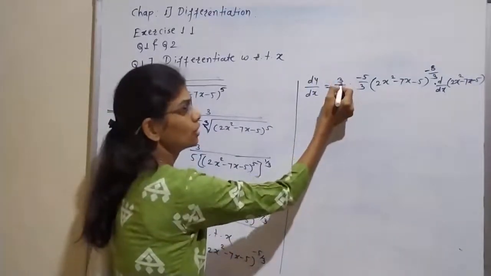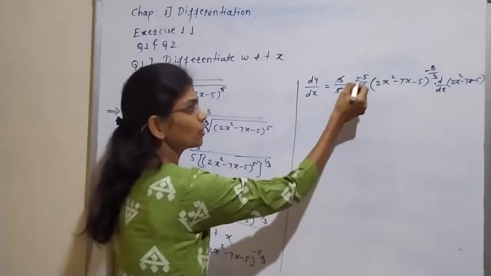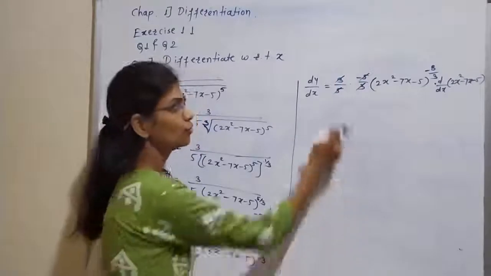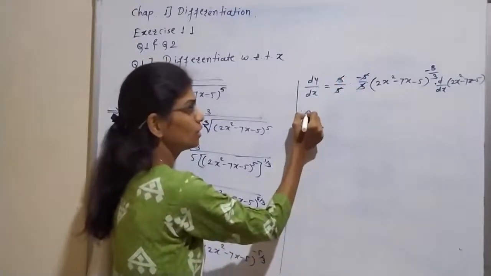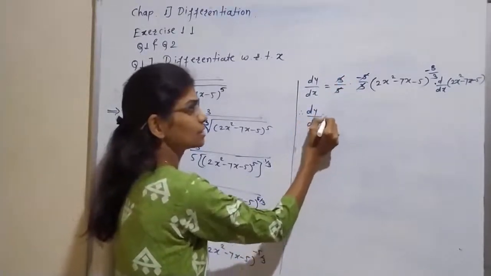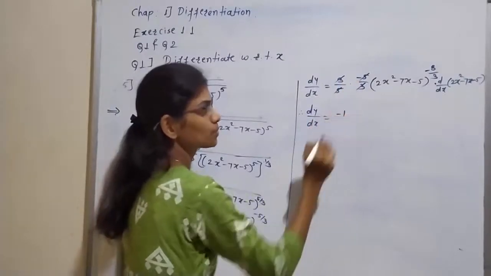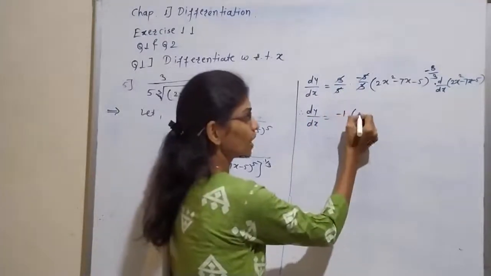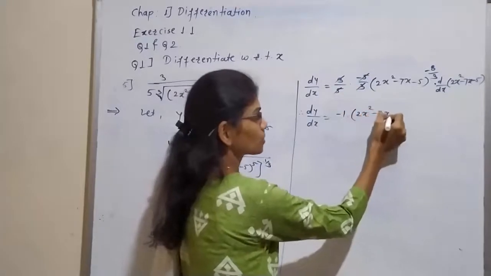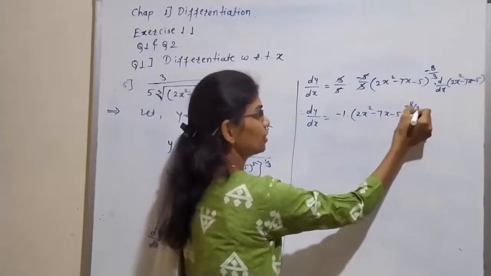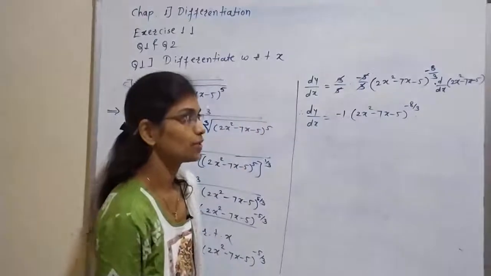The 3 gets cancelled and the 5 gets cancelled from numerator and denominator. That is why dy by dx is equal to only minus 1 present here, times (2x² minus 7x minus 5) raised to minus 8 by 3, into the derivative of the bracket.